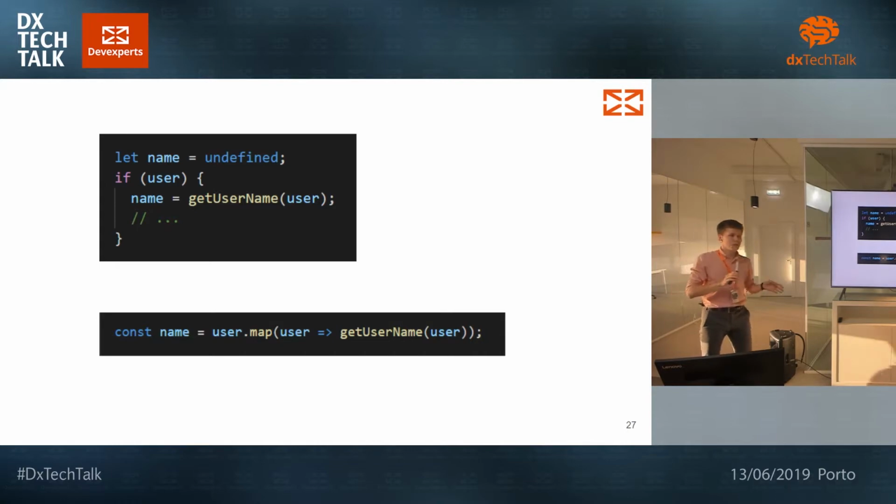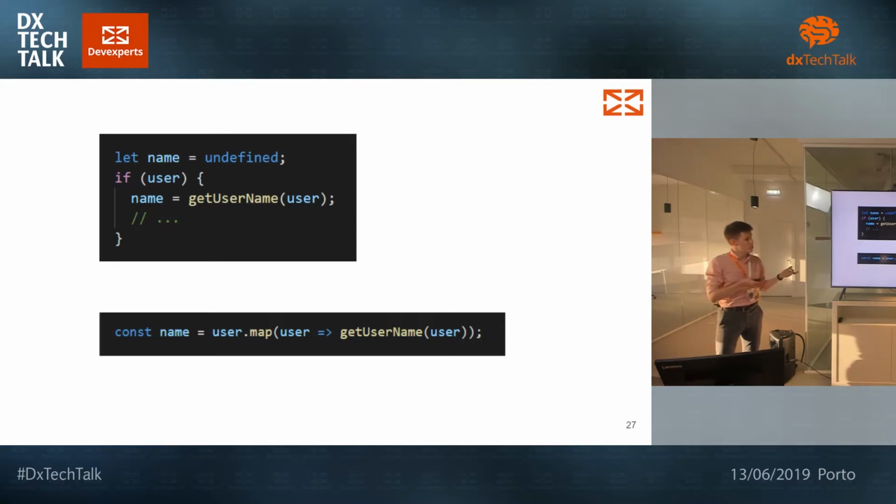It's almost like array.map, but if array map calls its callback for every element in the array, option will call the callback only if it has some value inside, because if it does not, there is nothing to call the callback with. So I think it's much easier to read.